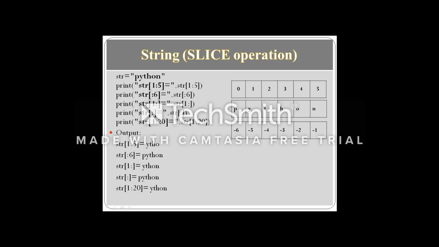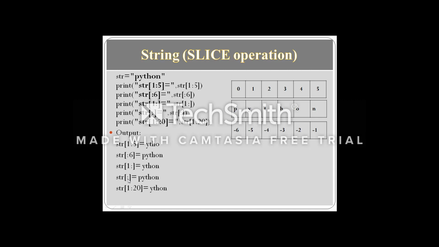In the third statement, str starts from index value 1 up to n, which is not mentioned. If n is not mentioned, that means you can access from the starting position 1 up to the end of your string. Therefore, this is your starting point from Y up to the N. Suppose in some cases both the starting and ending points are omitted.